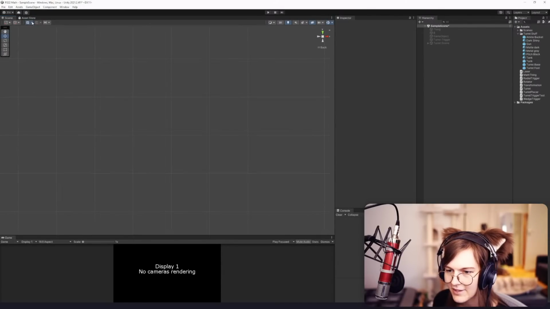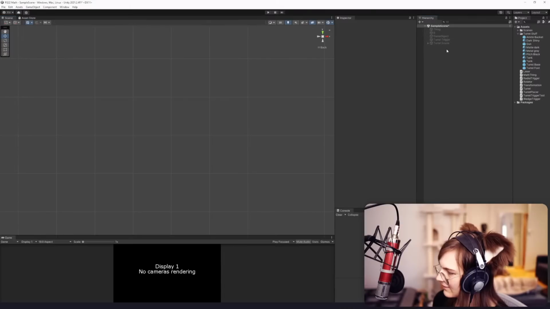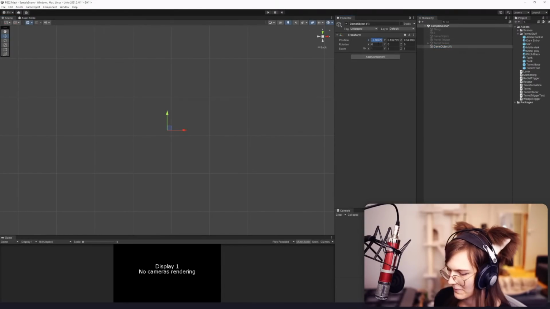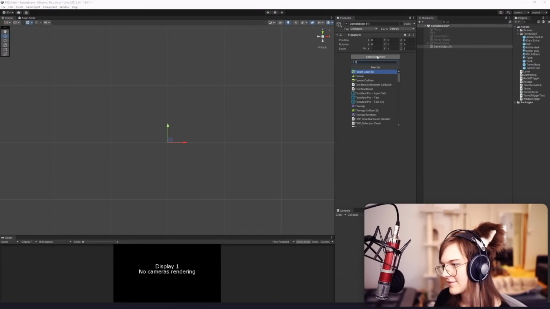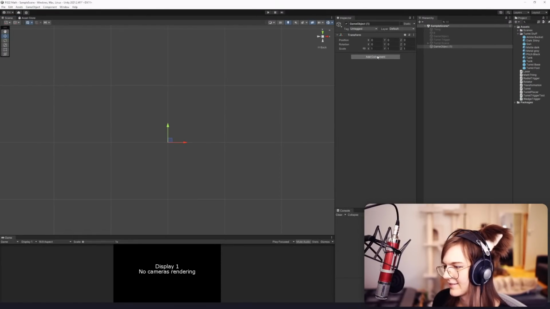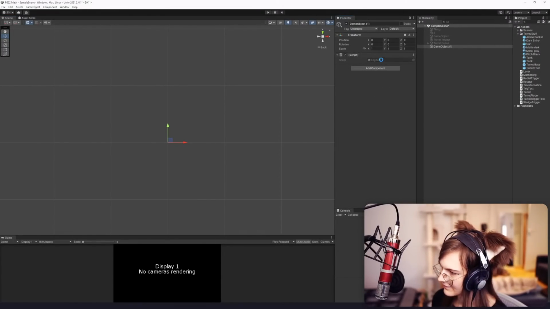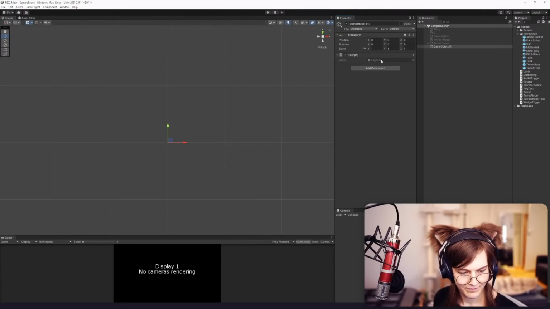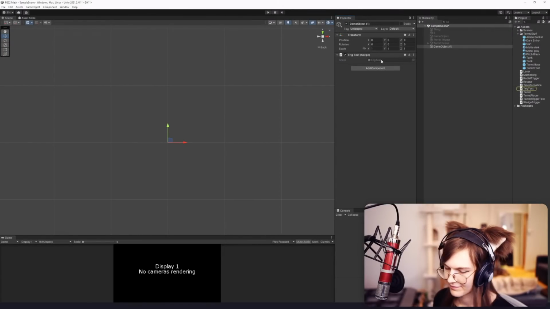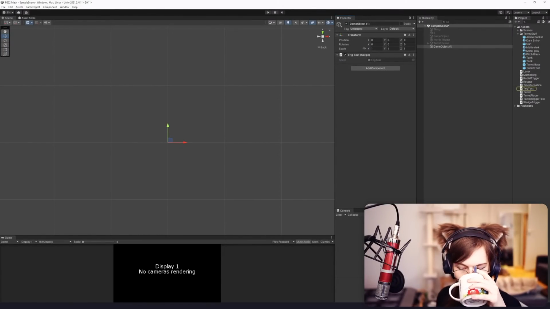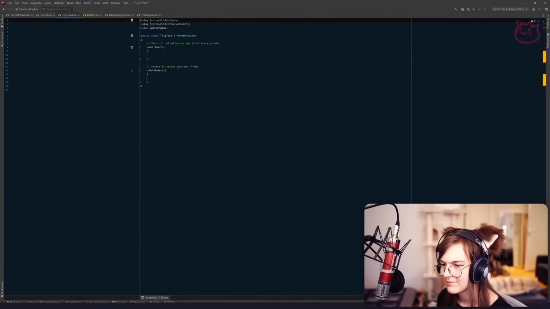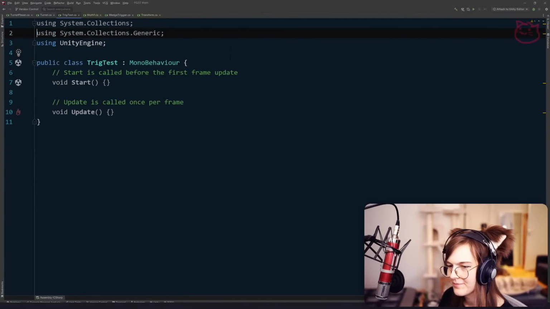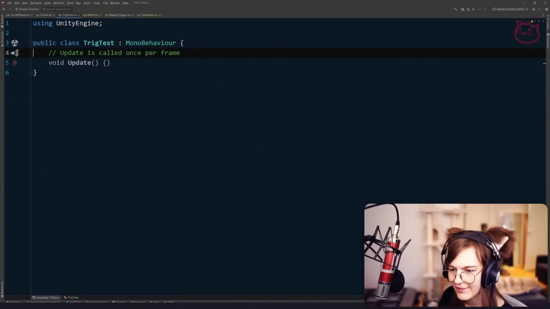I want to turn on the grid again. We're going to make a new script. We're going to call this trig test. I also have to tab back to Writer and then back to Unity in order for me to open scripts. I don't know why. So this is a little bit weird.